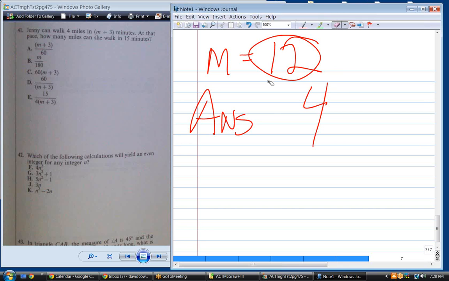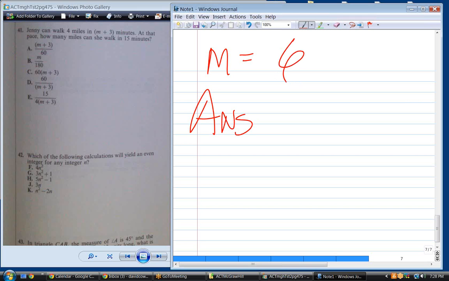Now, whenever you pick numbers, usually you want to be a little clever about it. In other words, notice if I would have picked an m of 6.